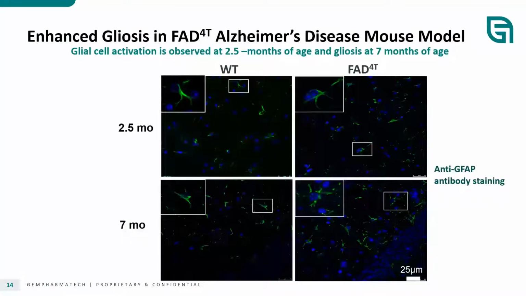Astrocyte activation was detected in FAD4T mice at 2.5 months of age, and significant glial hypoplasia was observed at 7 months of age.